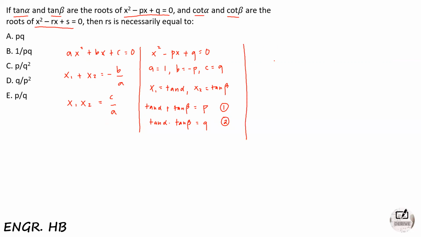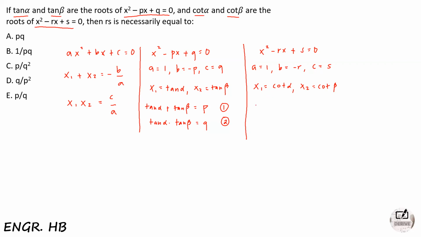Okay. For the second quadratic equation, x squared minus rx plus s is equal to 0, a here is 1, obviously, b is negative r, and c is equivalent to letter s. The roots are cotangent alpha and cotangent beta. Similar to the first set, we get the sum and product of the roots.